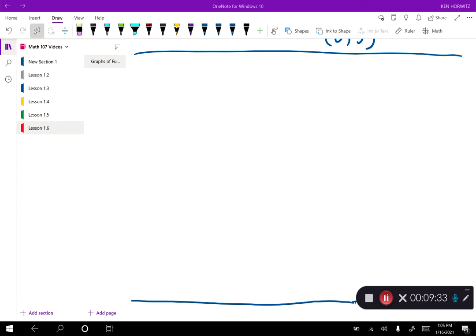All right, so now let's talk a little bit more about your local max, local min. All right, so anytime your function switches from increasing to decreasing, here is the exact point where it switches.